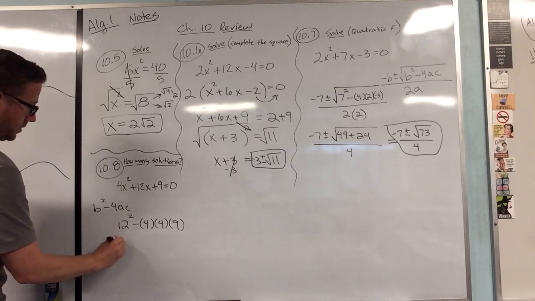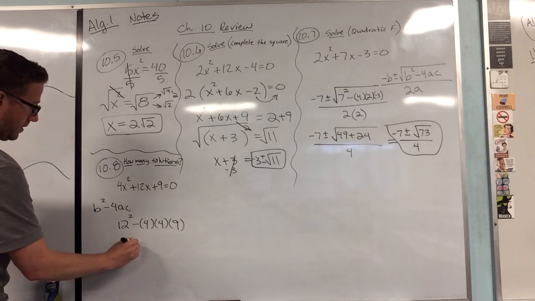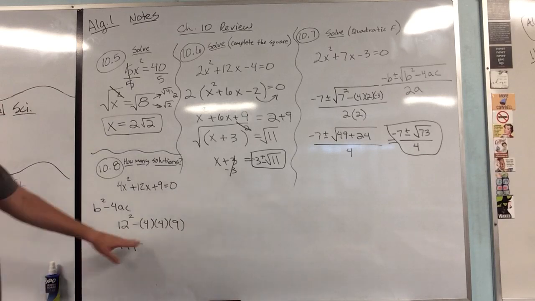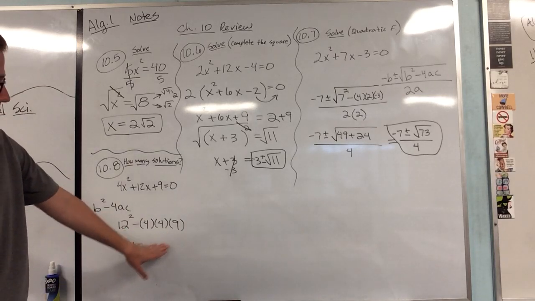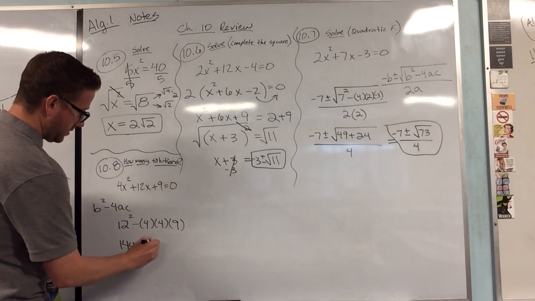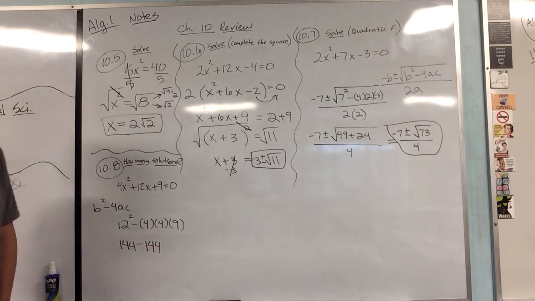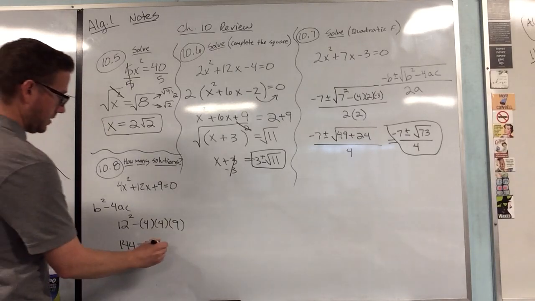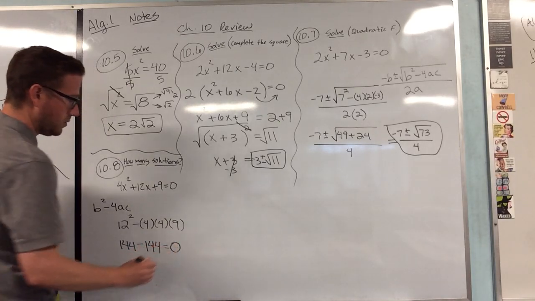All right. 12 squared is 144. And I've worked out the math here. 4 times 4 times 9, crazy enough, is also 144. So 144 minus 144 equals 0.